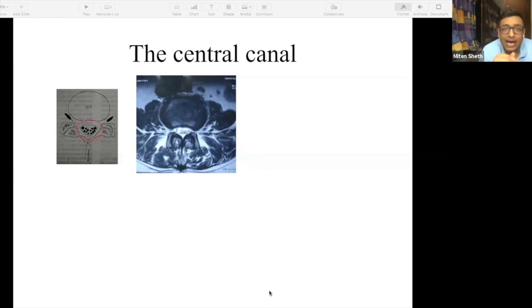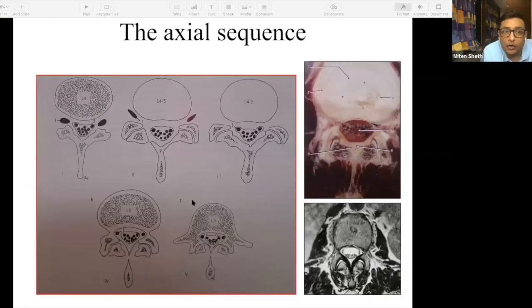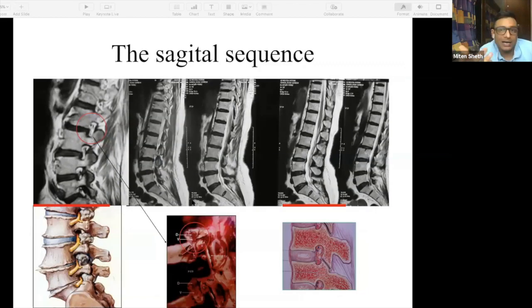Once you have seen your axial cut and you know that there is something, now from the mid sagittal you look at the parasagittal. In the parasagittal, identify a disc which is on the right side.